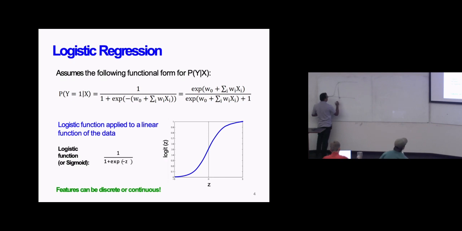This is 0. This is your y. This is your x. So if x is positive, the value is around 1. And if it is less than 0, the value converges to 0. Right?